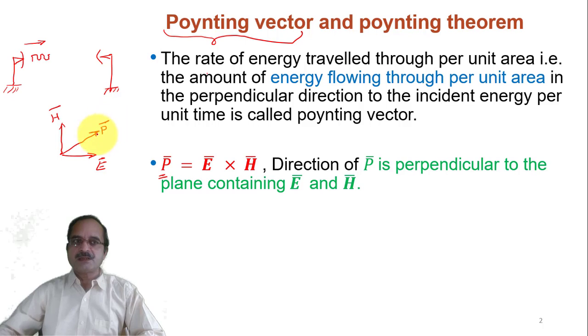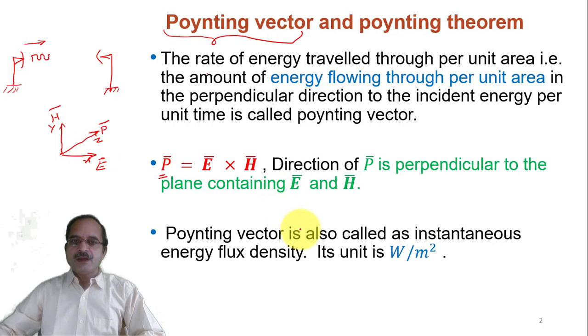So this means the electric field is oriented in the X direction, the magnetic field is oriented in the Y direction, and the electromagnetic wave is propagating in the Z direction. Now the Poynting vector is also called the instantaneous energy flux density, represented in watt per meter square.